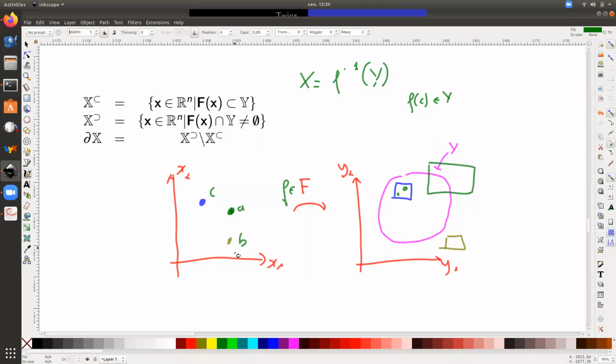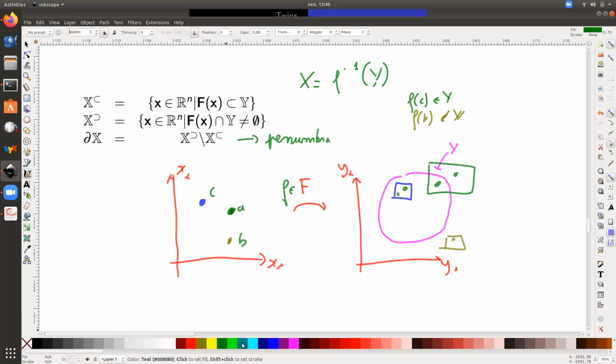For B, it will be the opposite: since the image of B will be here, I know that f of B does not belong to y. But for A, it will be different, because for some f, A can be mapped here or can be mapped here. So the set of all points A which satisfy this property is called the penumbra.